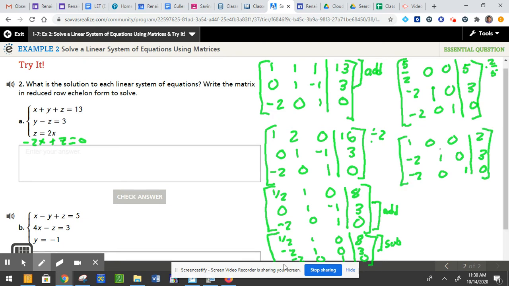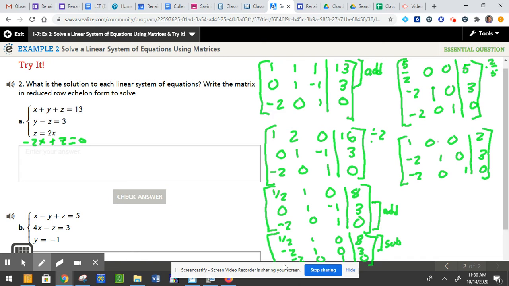So what we've got here, that first row is locked in, that's good. What I'm going to try to do now is to get zeros here and here. So what I can do is multiply that first row by 2 to make that the opposite of what needs to be there, and then I can add them.